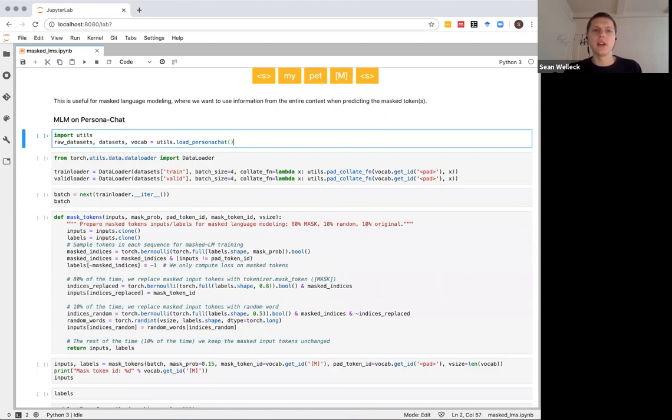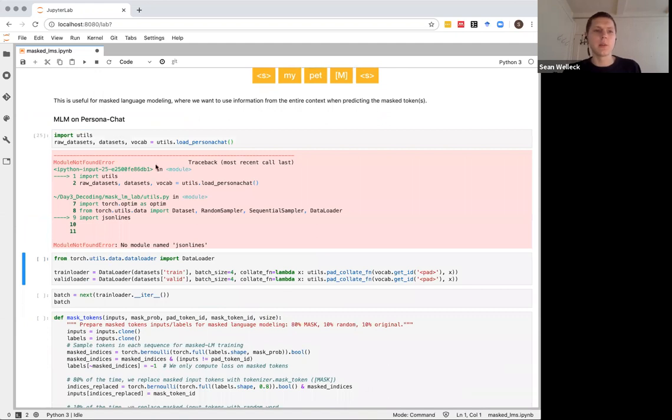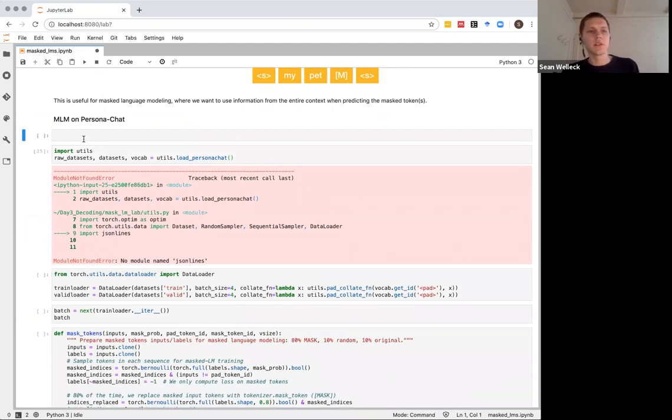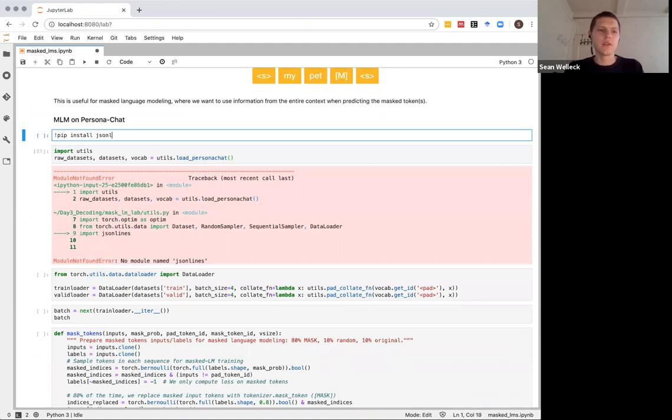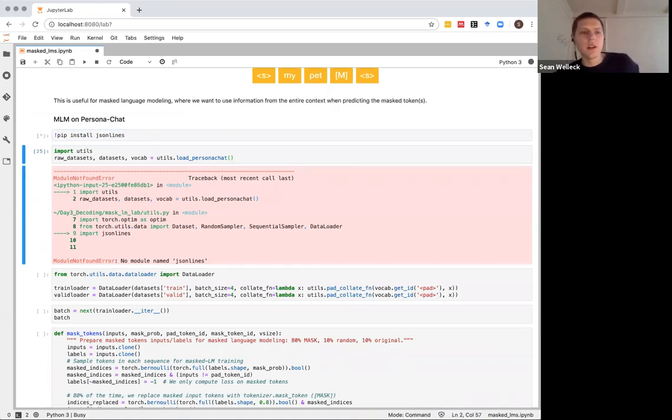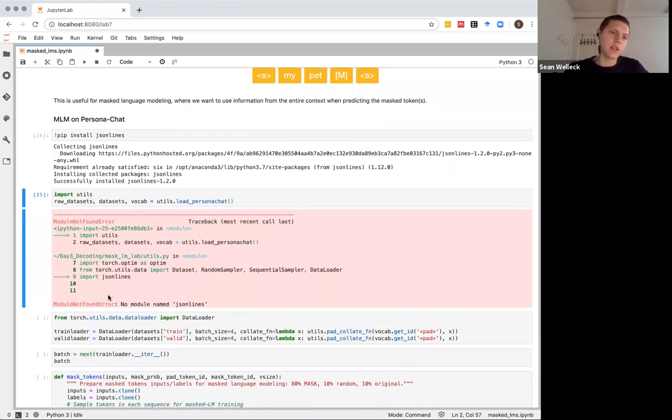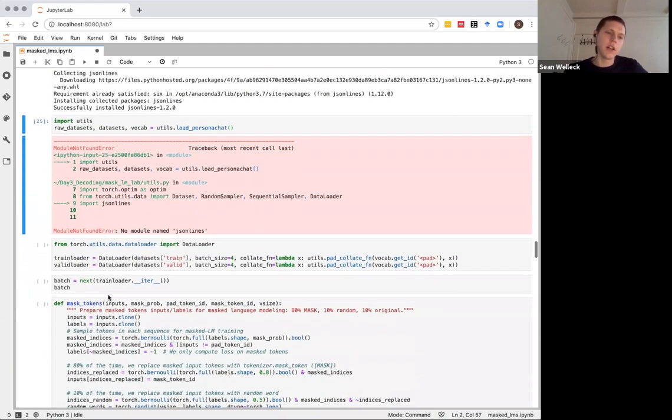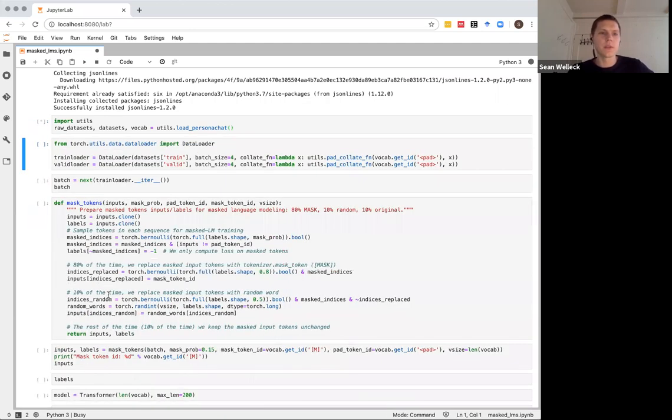So here we're going to see how to do this on Persona Chat. Looks like I created a new instance, so I don't have this installed, so I'll do that. So here, this is going to show you how to actually do this on Persona Chat. And then below, we're going to load the actual pre-trained BERT model, which will be much larger scale and much more useful for downstream tasks.